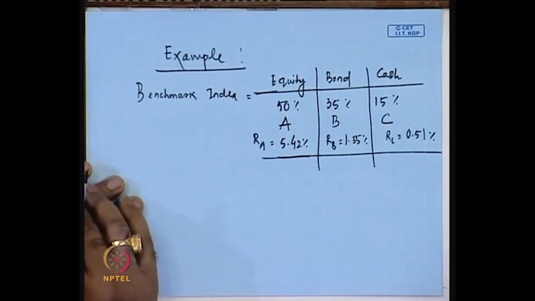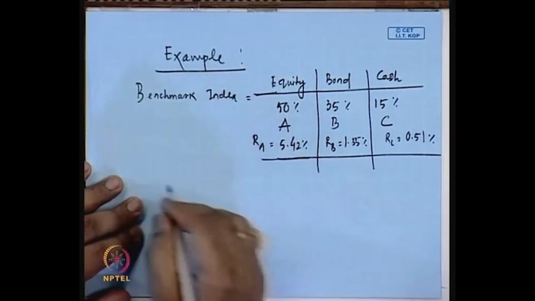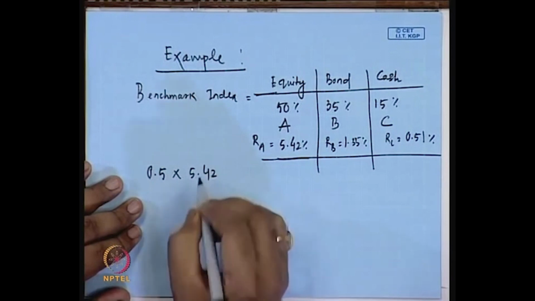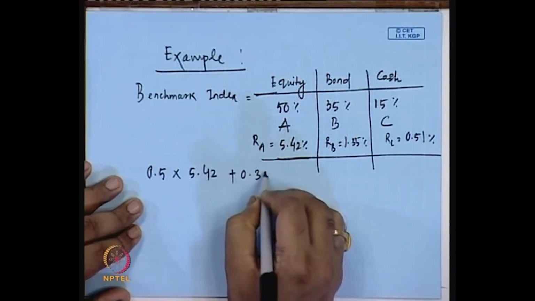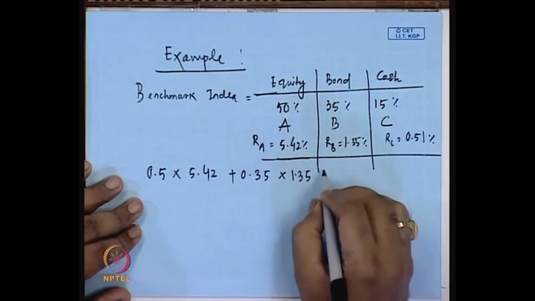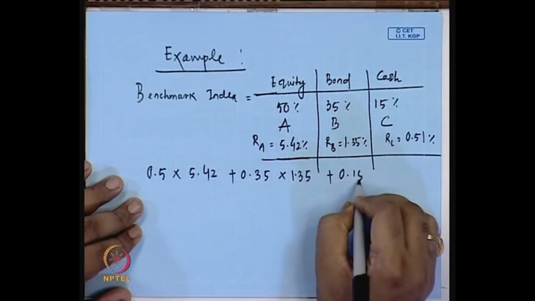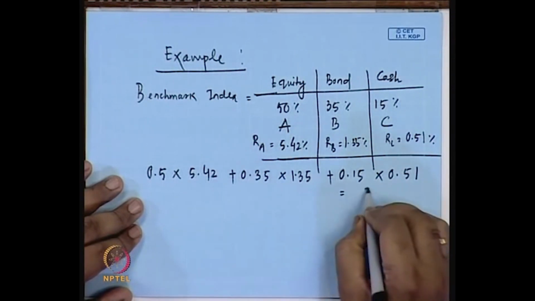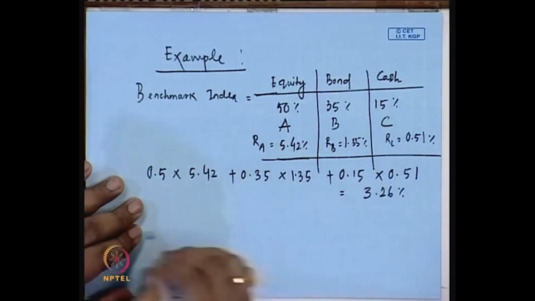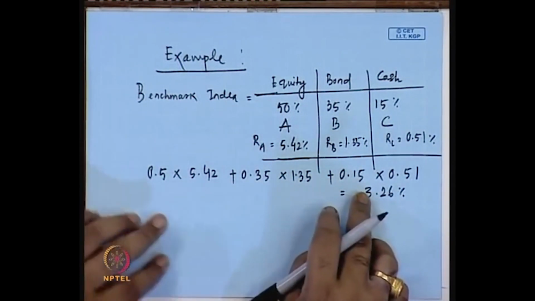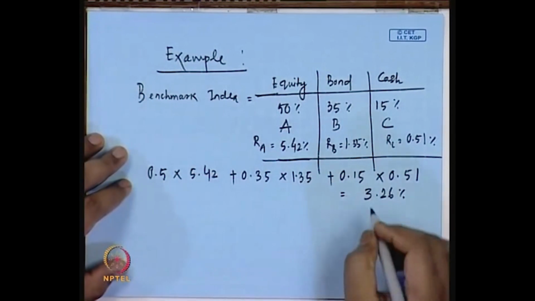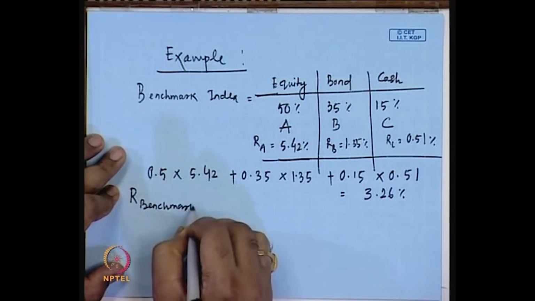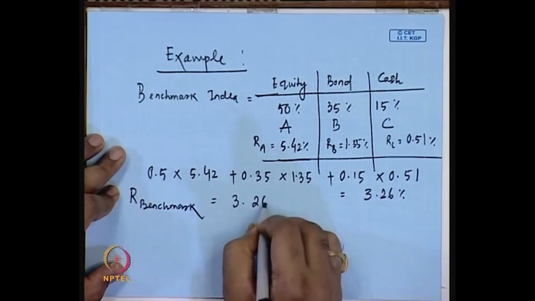Then how much return can we expect from here? That is 0.5 into 5.42 plus 0.35 into 1.35 plus 0.15 into 0.51. Finally, if you calculate it, you will get 3.26%. So, what we have seen is that our benchmark is giving a return of 3.26%.